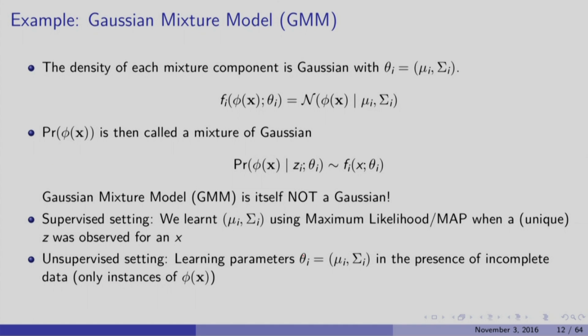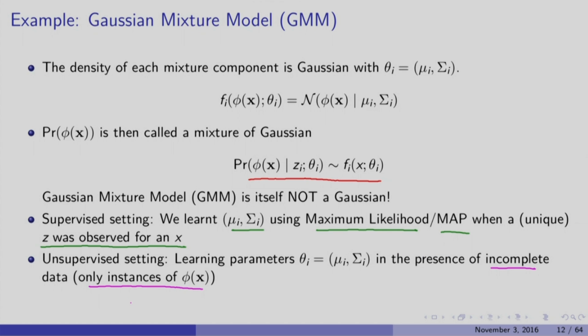A specific example of the mixture model is when the probability of generation of a point from a cluster is the multivariate normal distribution. In the supervised setting, we were able to learn the mu i's and the sigma i's using either maximum likelihood or MAP estimate. This was because a unique z was obtained for any x. In the unsupervised setting, we need to learn these parameters in the presence of incomplete data, which means we have only access to instances phi x.